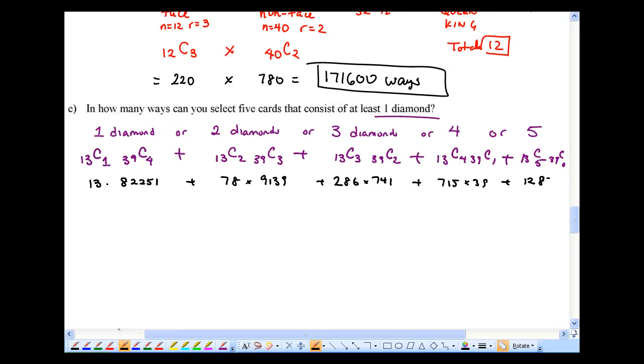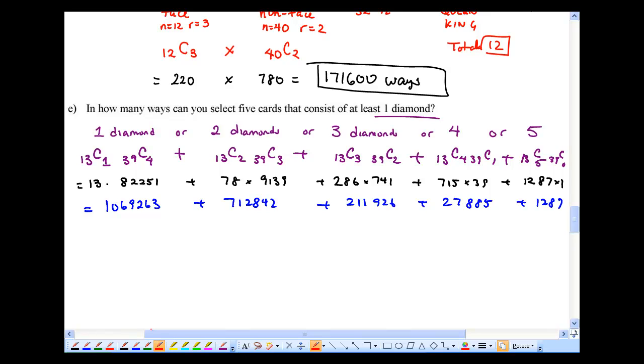Think of a faster way yet? Because this is taking a long time. And I'm just speeding up because I did this earlier. But if you're doing this in tests, you'd be spending like 15 minutes on it. Well, maybe not 15, but a lot of time.